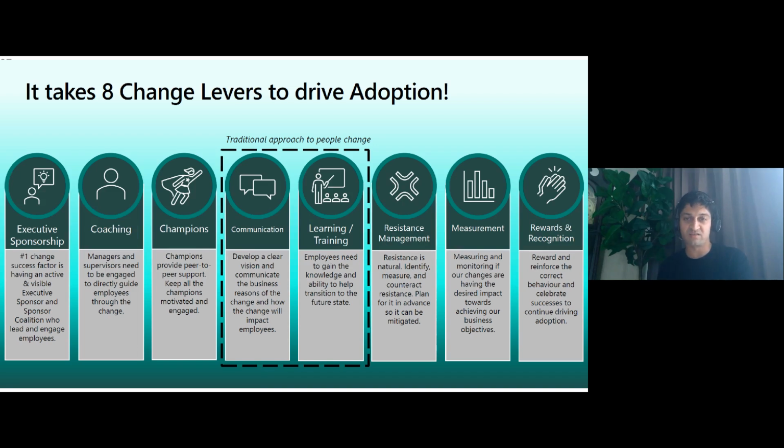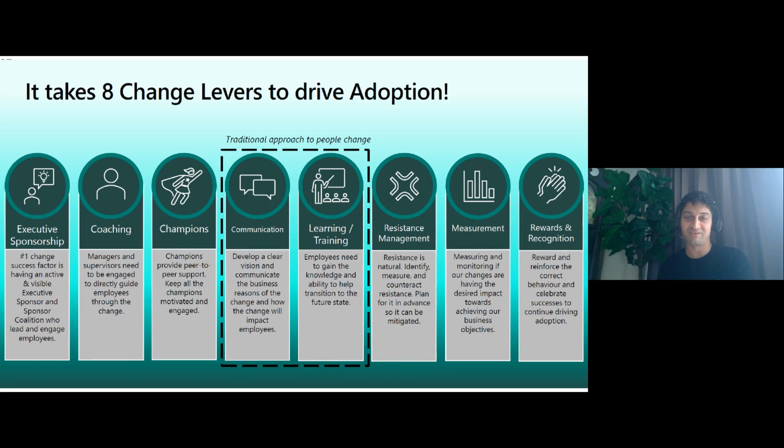The seventh one is around measurement. So, how are you measuring the whole process via user groups, feedback surveys, and so on? And then the last one is again absolutely key, which is how are you gamifying the whole process? How are you rewarding right behaviors?